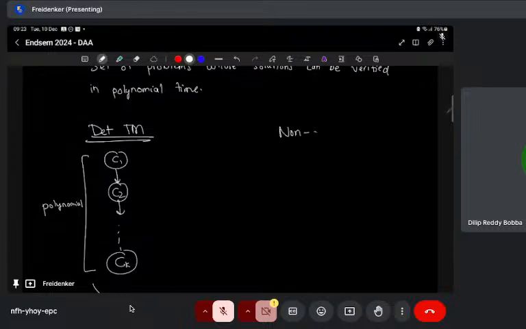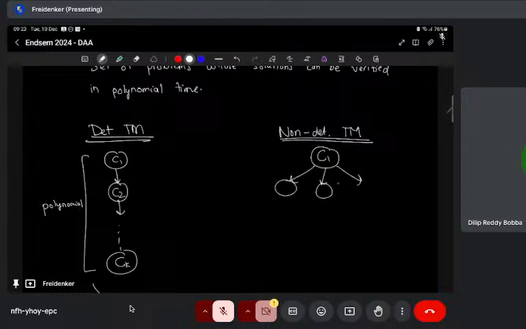But how does a non-deterministic Turing machine transition from one configuration to the other? If it starts from one configuration, it's going to split into multiple configurations simultaneously. It's up to the machine at this point; it's going to branch and branch and branch.